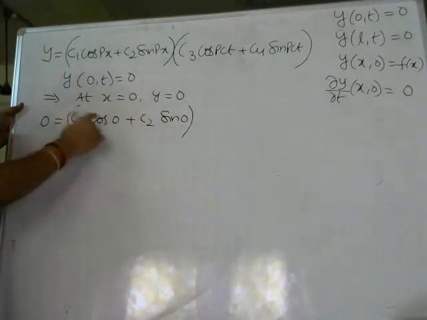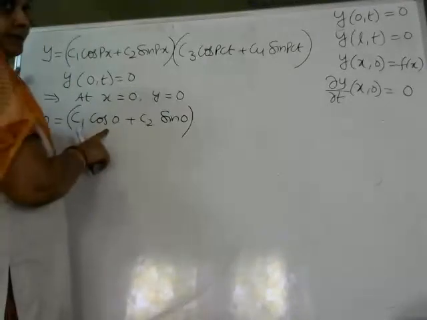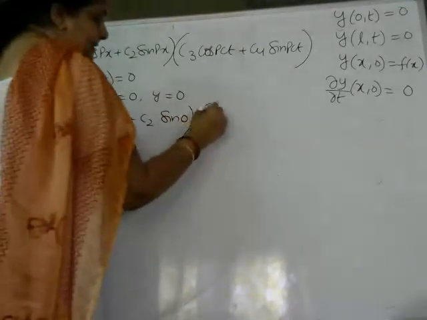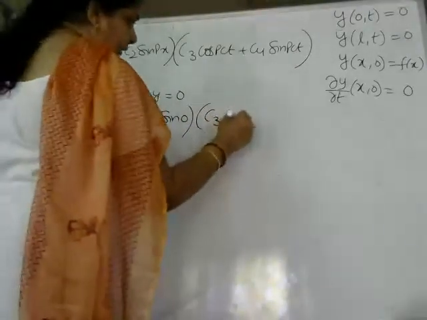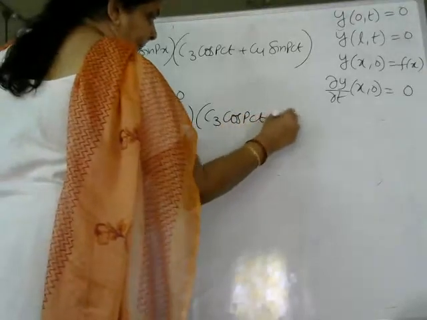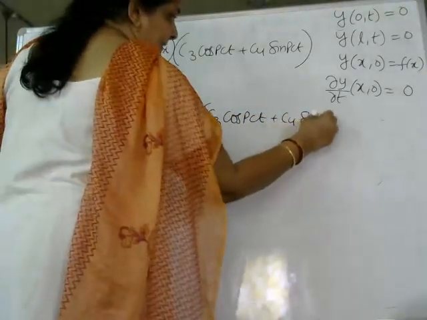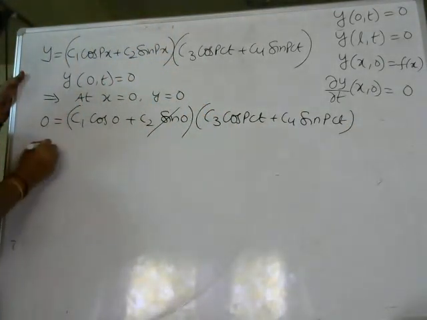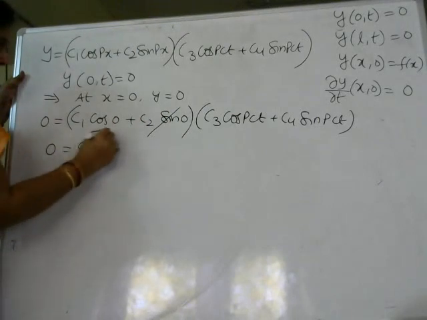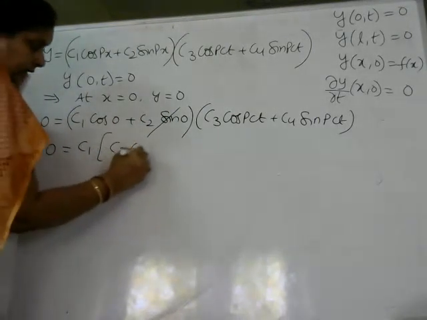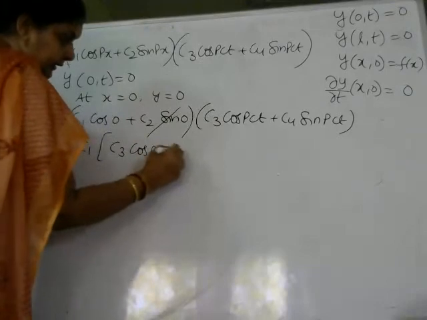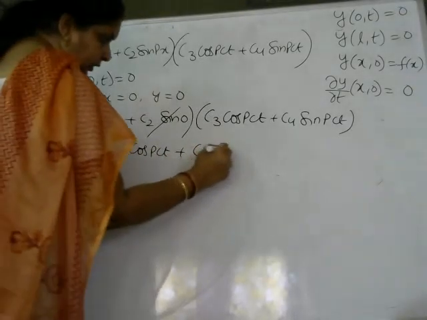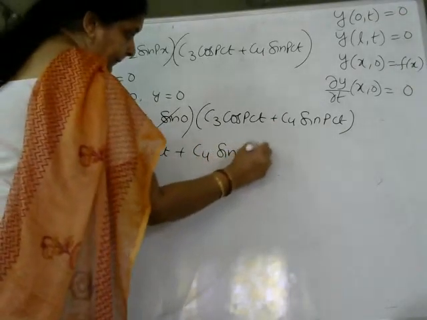These are the conditions we are writing on x, so we are not substituting any condition on t. t will be as it is: C3 cos pct plus C4 sin pct. We know the value of sin 0 is 0, cos 0 is 1. So 0 equals C1 into (C3 cos pct plus C4 sin pct).